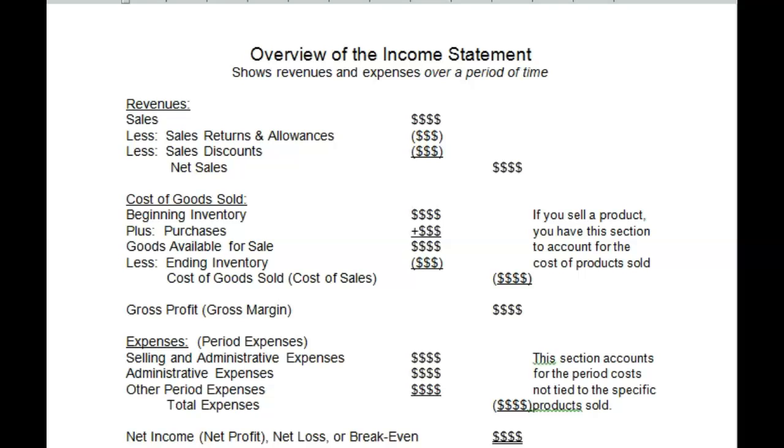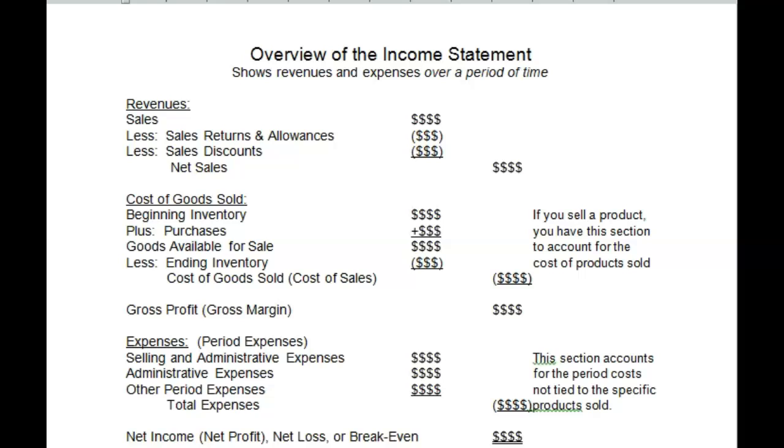And we do that through the cost of goods sold section to show beginning inventory plus purchases gives us what we have for sale. Right now, let's not worry about losses or thefts or disappearances or whatever. So we take the beginning inventory plus purchases, and that gives us what we have to sell.